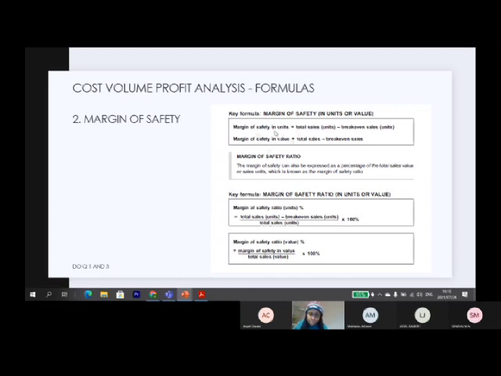There's margin of safety in units, in value, and in terms of ratio. The margin of safety ratio is the total sales, in value or units, minus break-even sales, over your total sales. That shows how far off you are from break-even sales.